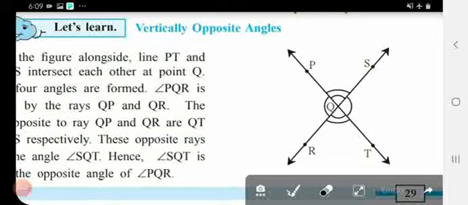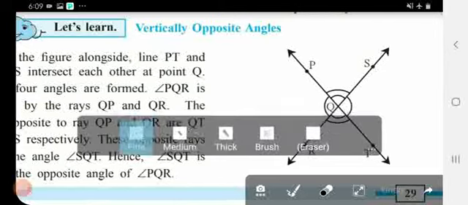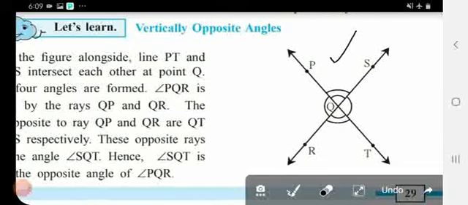There is one property related to vertically opposite angles. Their measures are equal. So for this figure, if you consider angle PQS and angle RQT, these two angles are equal.